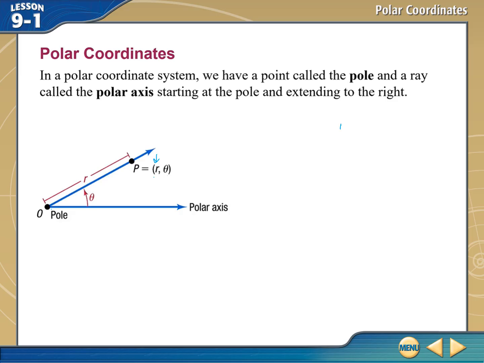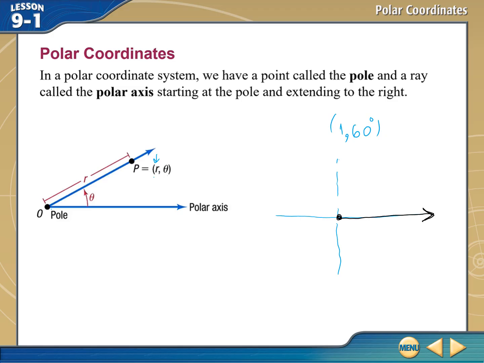So let's suppose I ask you to sketch the graph of (1, 60 degrees). Even if you are not using the protractor, first of all, just make a point, a pole. So on the origin, you have a pole, and sketch a ray on the horizontal side.